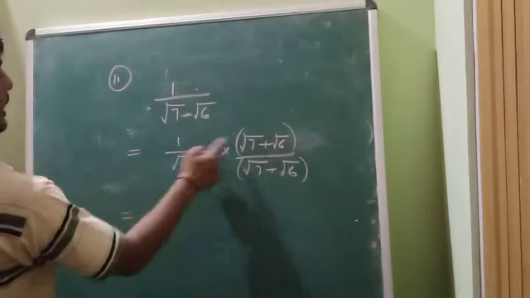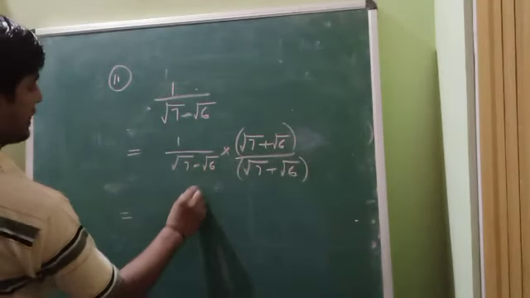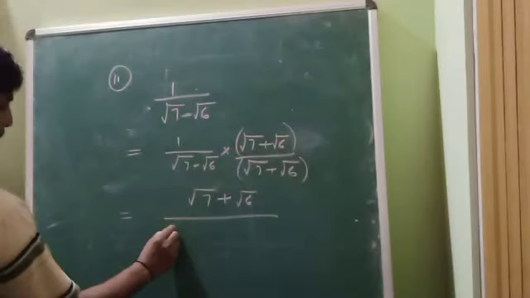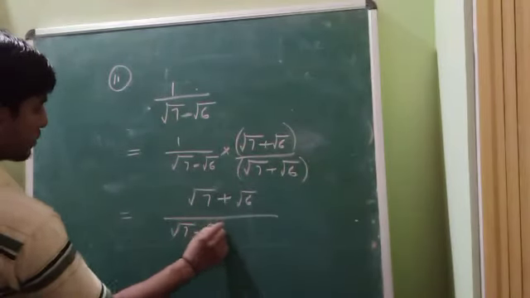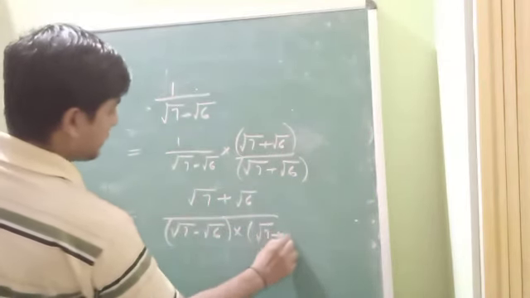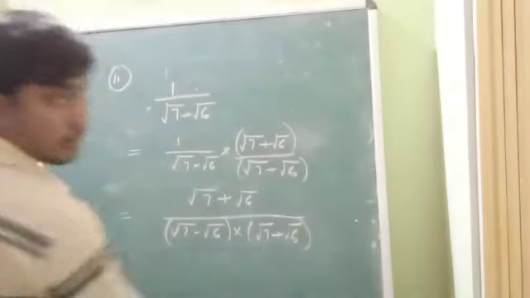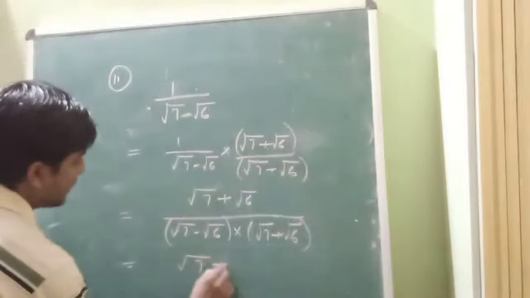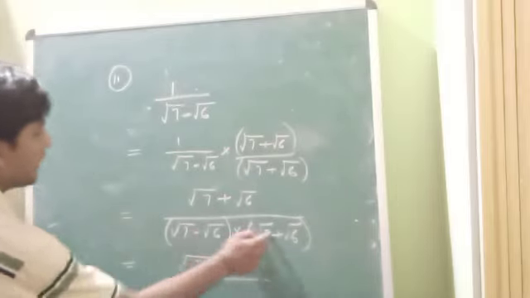Now with 1, if you multiply root 7 plus root 6, you will get the same, root 7 plus root 6. And the denominator will be root 7 minus root 6 into root 7 plus root 6. Now you have to multiply these two.